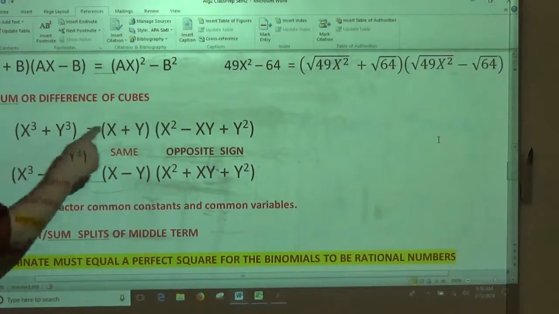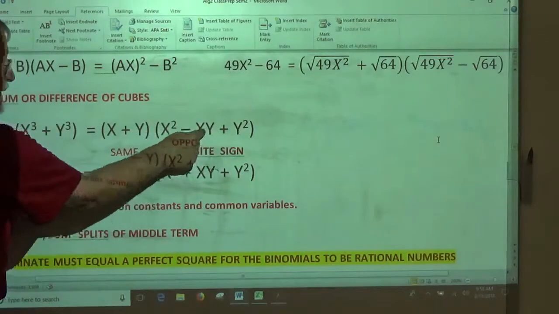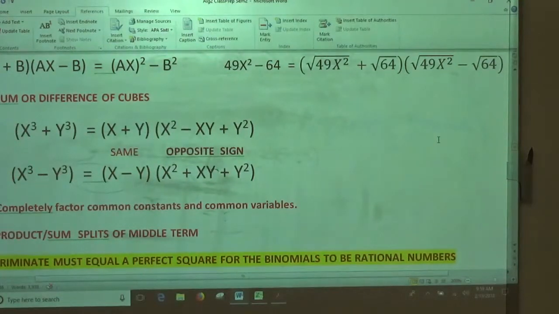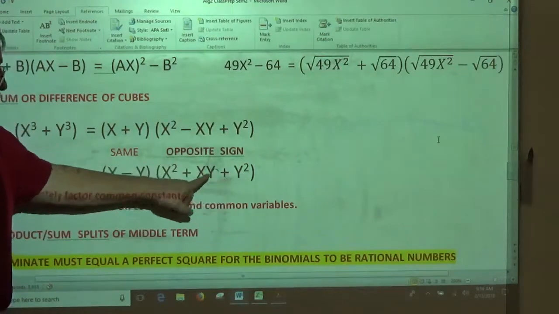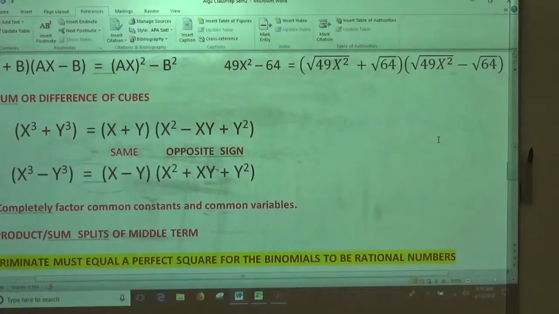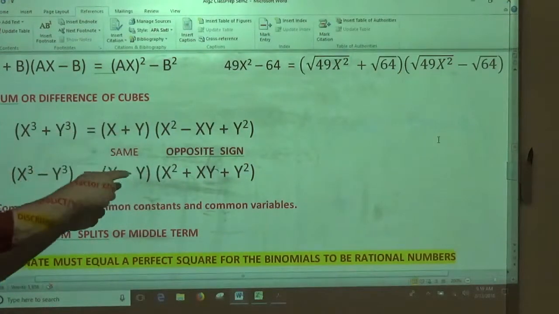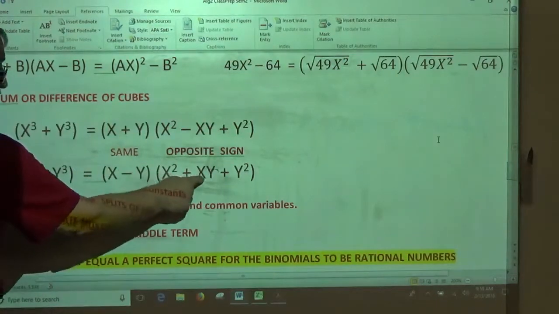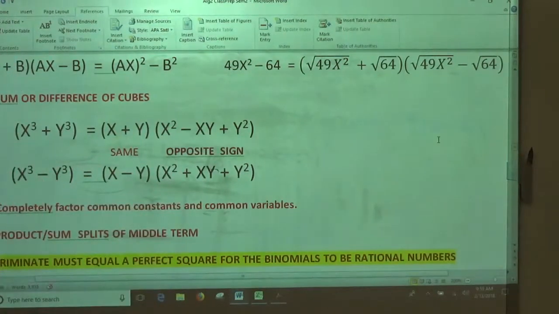Now, then we're going to take square and then a minus, the opposite sign. And then a square and a plus, so it's the opposite sign. And what will happen when we multiply these out, the plus xy and the minus xy will zero out, and we'll just have x cubed minus y cubed.